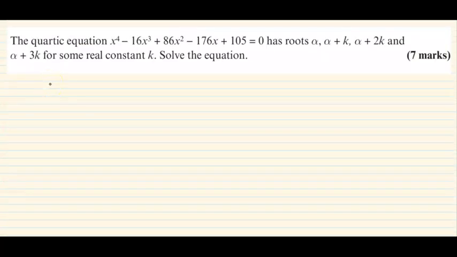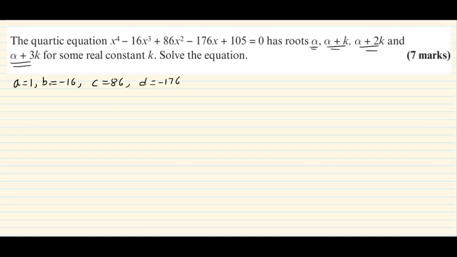Here the quartic equation x^4 minus 16x^3 plus 86x^2 minus 176x plus 105 equal to 0, and these are the roots given, for some real constant, and you need to solve the equation. So first of all, if you compare with ax^4 plus bx^3 plus cx^2 plus dx plus e equal to 0, you will get a is 1, b is minus 16, c is 86, d is minus 176, and e is 105.